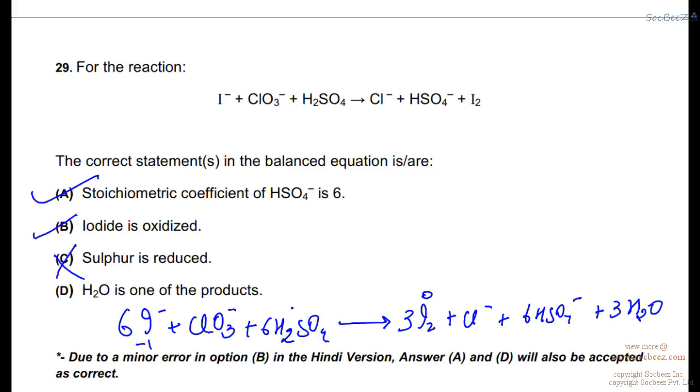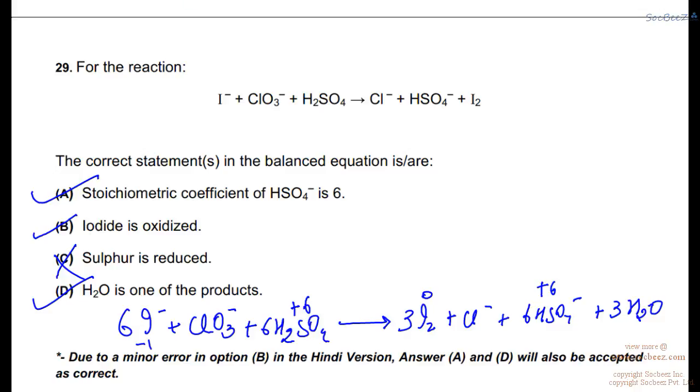Sulfur is reduced. No, this option is not correct because the oxidation state of sulfur is 6 here and it is 6 there as well. So sulfur is not reduced. Now, H2O is one of the products. That option is right. So the correct options are A, B and D.